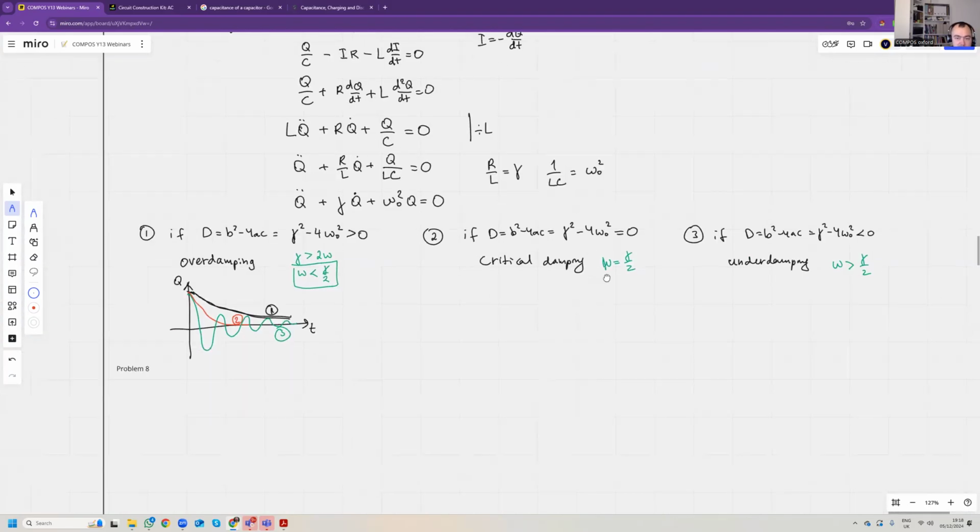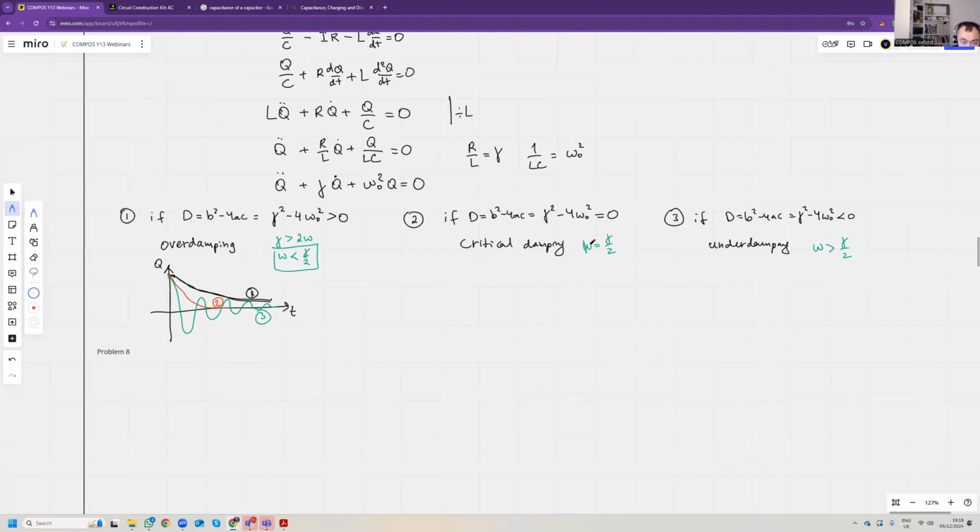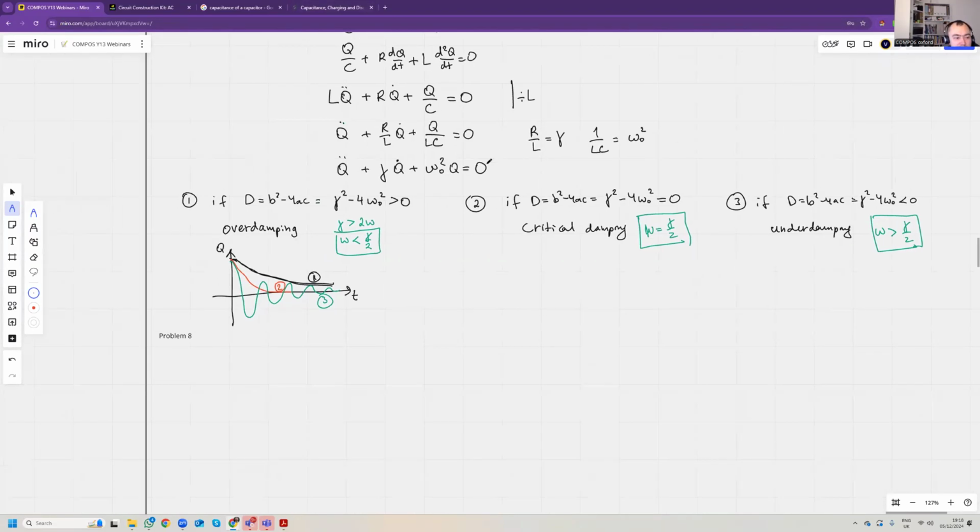Okay, so that's that. Gamma is the damping coefficient, and it depends on the resistance and on the inductance, of course.